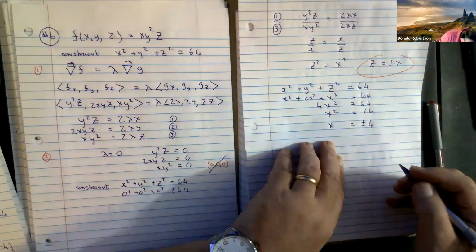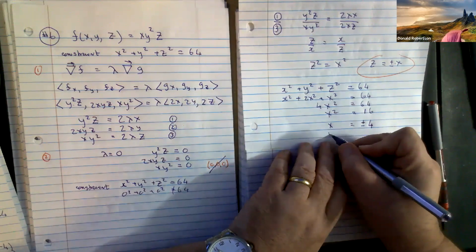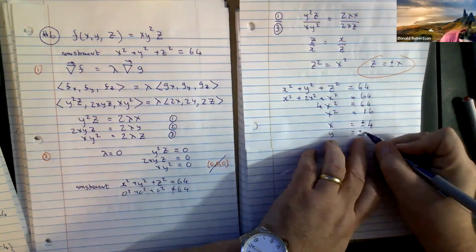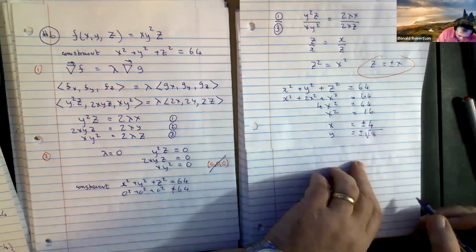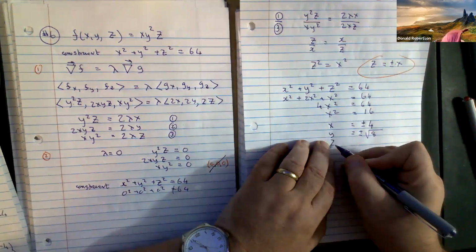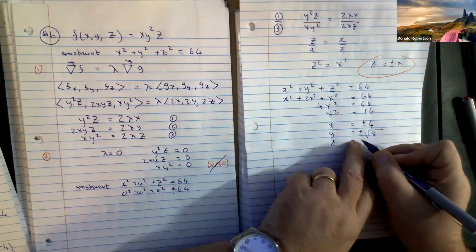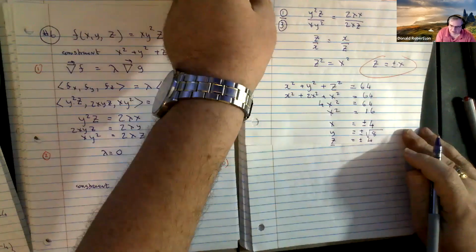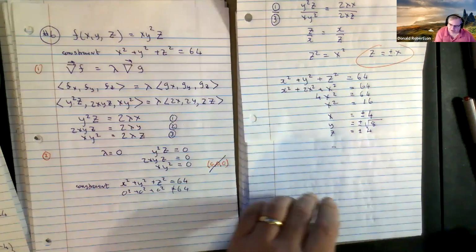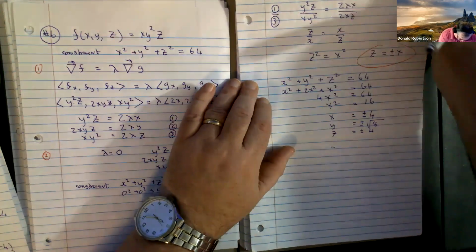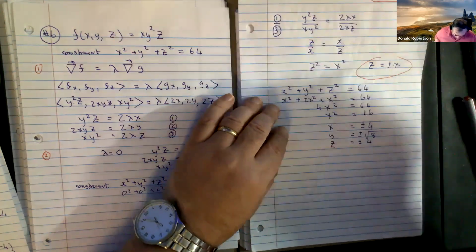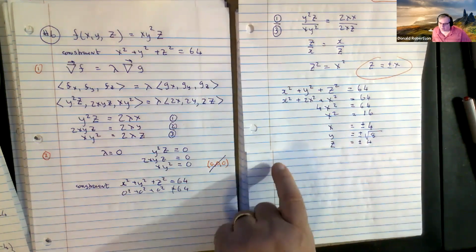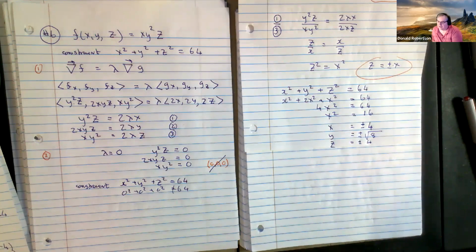Now, if x is plus or minus 4, won't y be plus or minus the square root of 8, right? 2 times 4. And won't z be plus or minus the same number that x is? So plus or minus 4. So what I'm trying to do here is just write a condensed version of all the combinations. If you think about it, 2 times 2 times 2, won't that be 8 combinations?